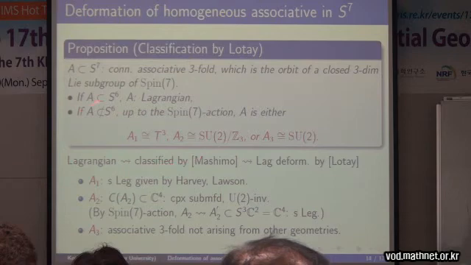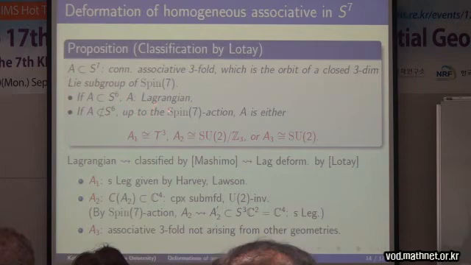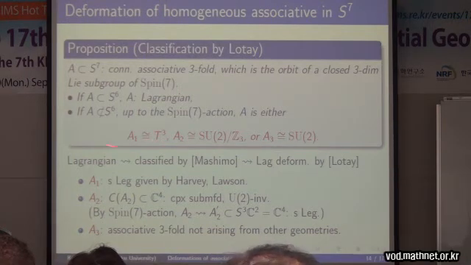If A is contained in a totally geodesic S6, then A is known to be Lagrangian. If A is not contained in S6, then up to the Spin 7 action, A is either A1, A2, or A3. A1 is diffeomorphic to T3, the 3-torus, A2 is diffeomorphic to SU2 over Z3, and A3 is diffeomorphic to SU2.